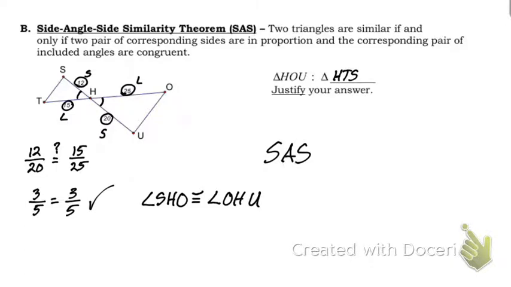So we did have an angle. SHT. No, let's do the outside one. Yeah, SHT. That's kind of an O moment. All right, so you do have to have an angle.